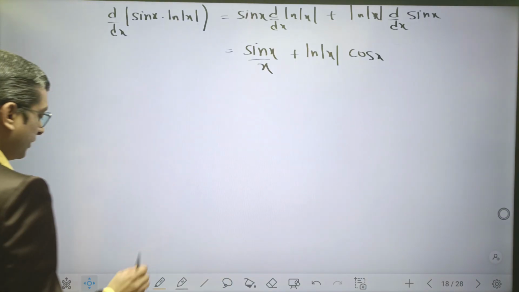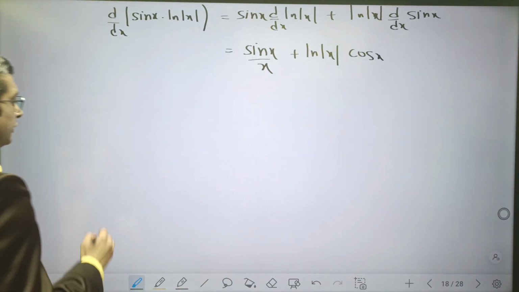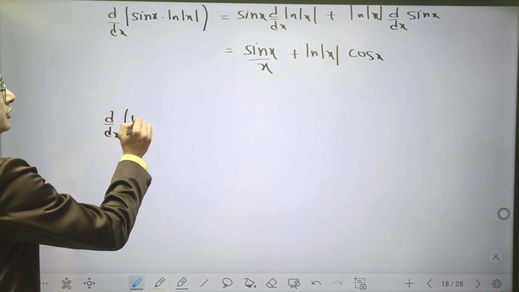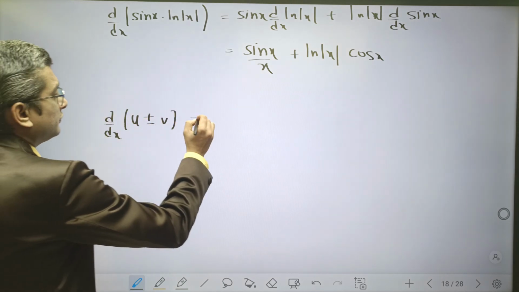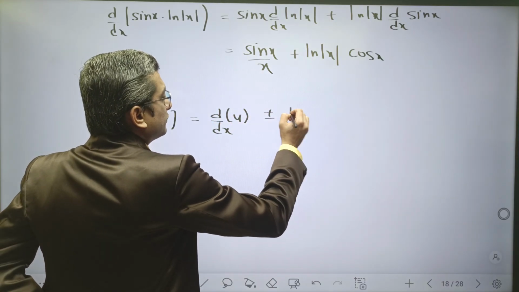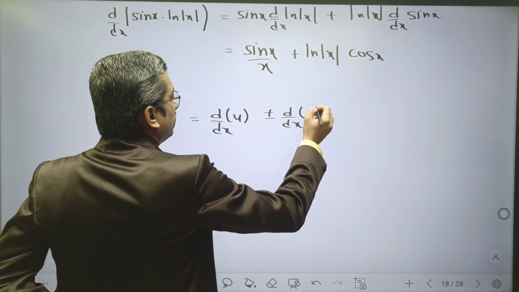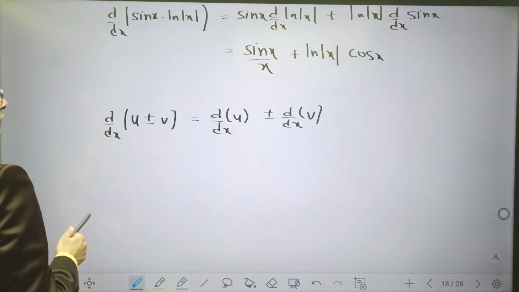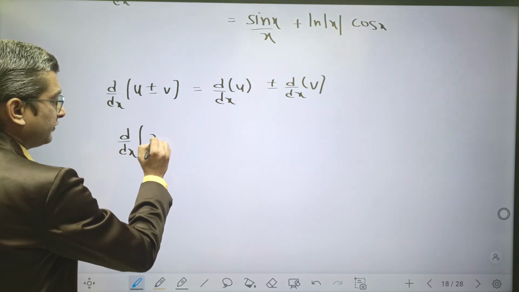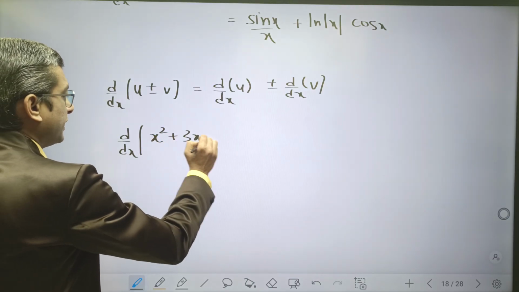Second formula: let us suppose d by dx of u plus minus v is equal to d by dx of u plus minus d by dx of v. Very important. Suppose you have to find d by dx of x square plus 3x plus 4.